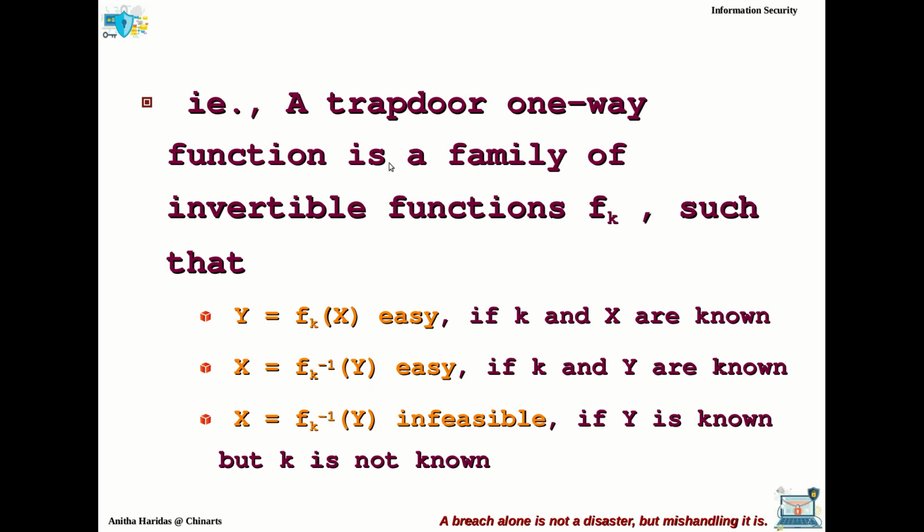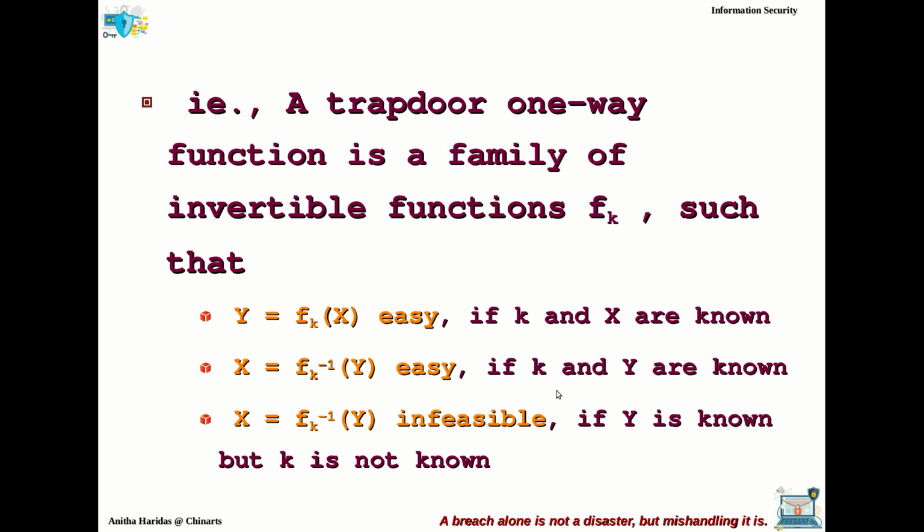So a trapdoor one-way function is a family of invertible functions fk, such that fk of x is easy when k and x are known. This is the direct function.